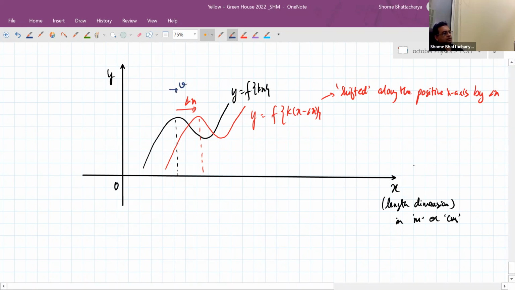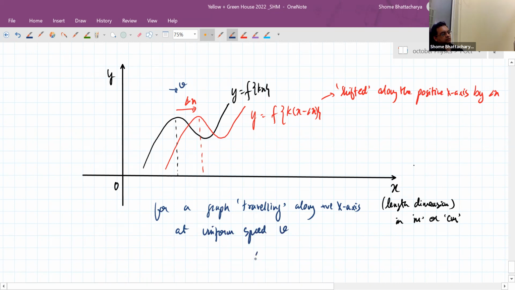Okay. Now suppose this shape is traveling at a constant speed v. So for a graph traveling along the positive x-axis at uniform speed v, then its shift becomes vt in time t.